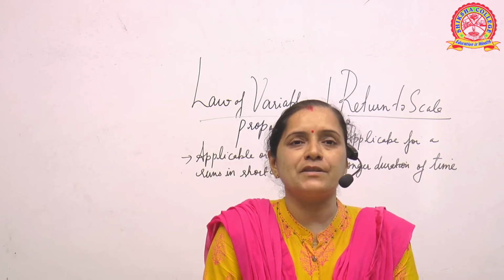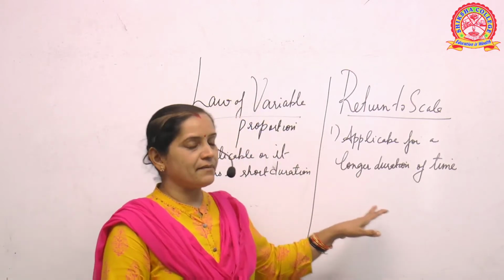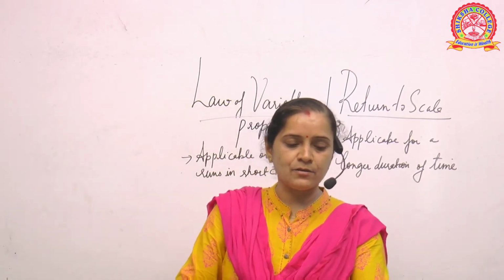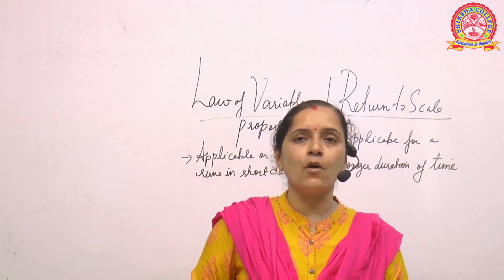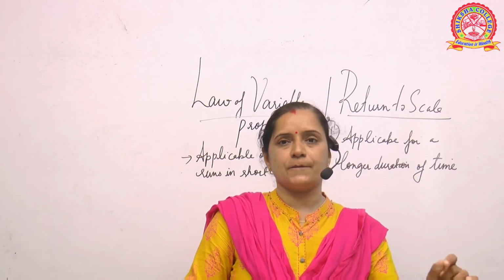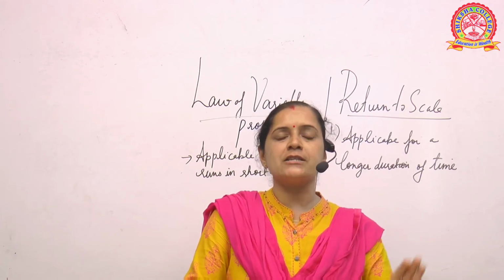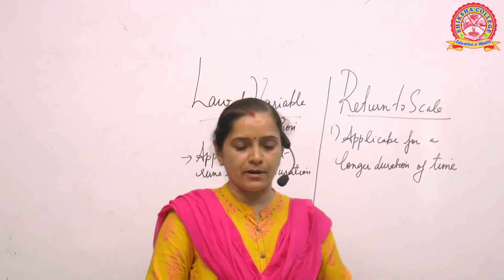Whereas coming to returns to scale, where we are saying that the output could be more as compared to input, a return means what is the proportional change when we compare input to output. So here it is applicable for a longer duration.